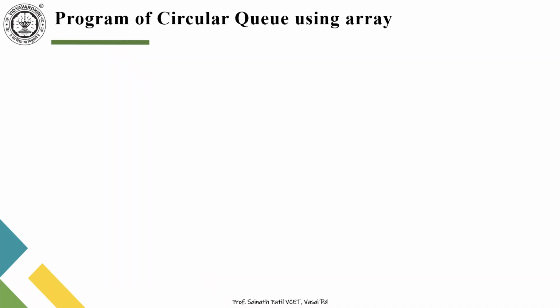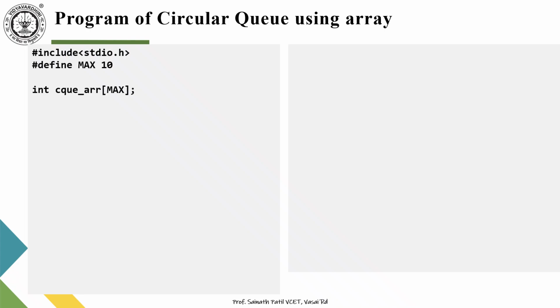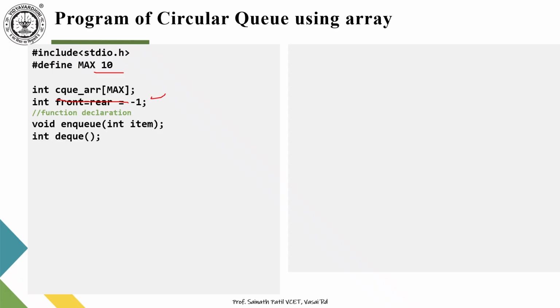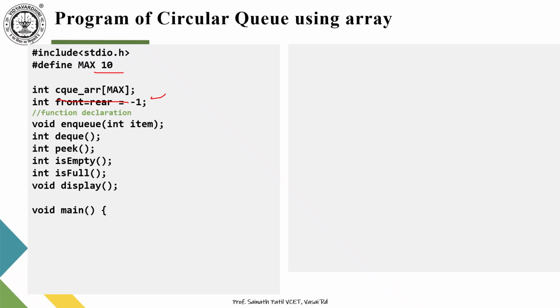So the complete program for circular queue using array is the same. We define the size max as 5 or 10. We declare a circular array of size max. We set front equal to rear equal to minus 1, and then function declarations: enq, deq, peek, isempty, isfull and void display.